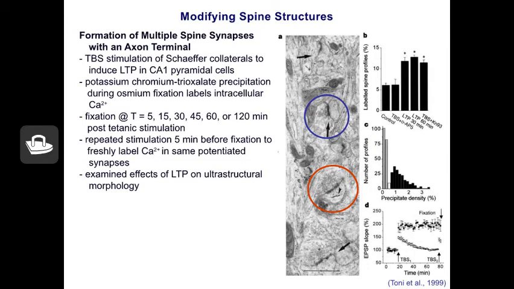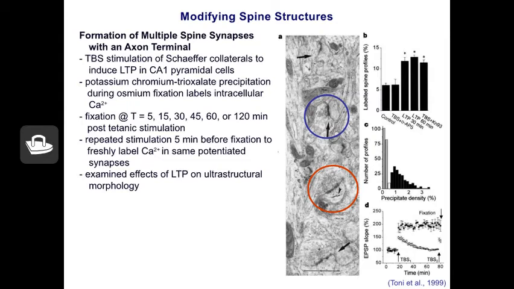The special thing about their fixation technique is that it precipitates the calcium into clumps. So you can see the dark masses in the spines if there was calcium hanging around inside the spine. They stimulated the sections with theta burst stimulation and then fixed the tissue 5, 15, 30, 45, 60, or 120 minutes later.